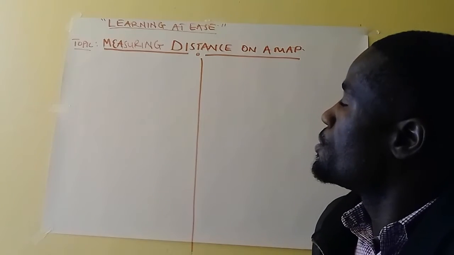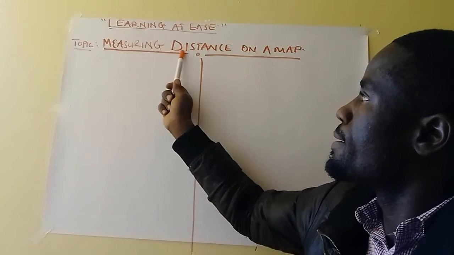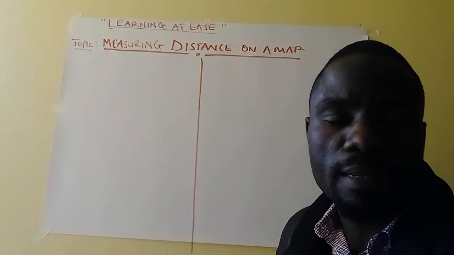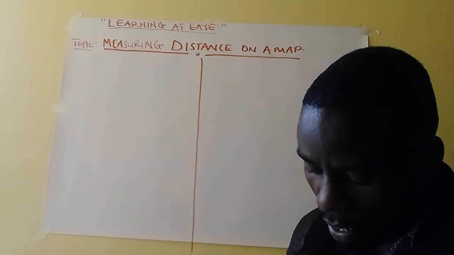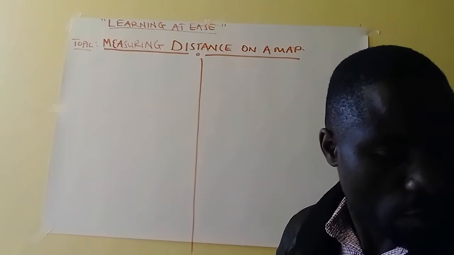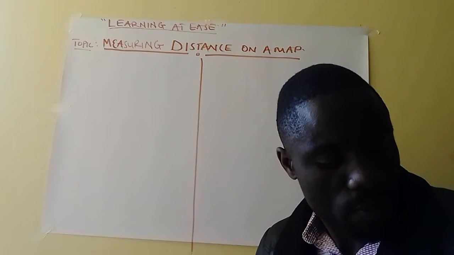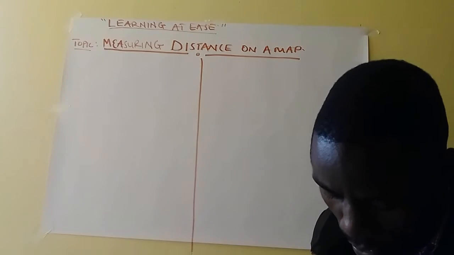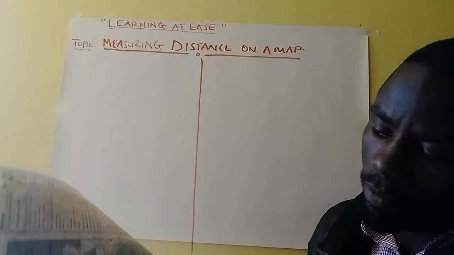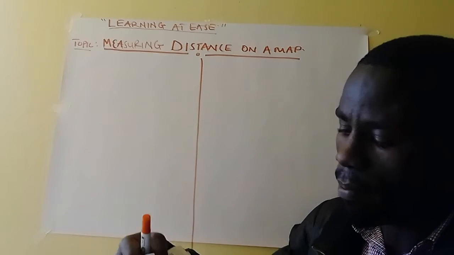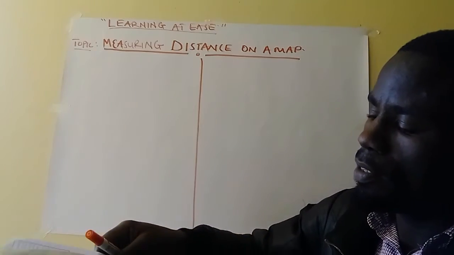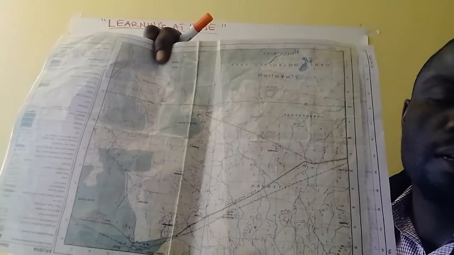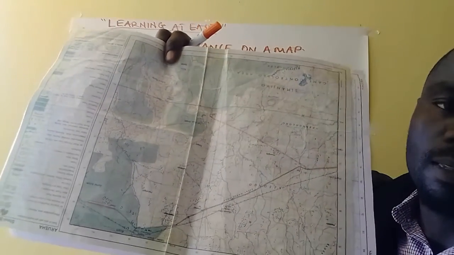Today, as usual, we are discussing, still on map work, and today we are going to look at measuring distance on a topographical map. We are basically looking at a topographical map because they are the maps you always do. A topographical map, as I always tell you, those who have been following, is a map that considers the relief of an area, man-made and physical features.